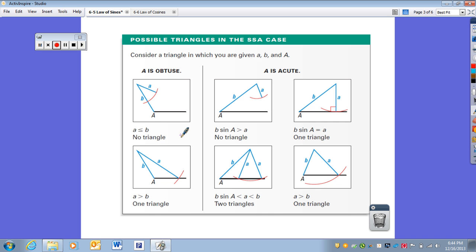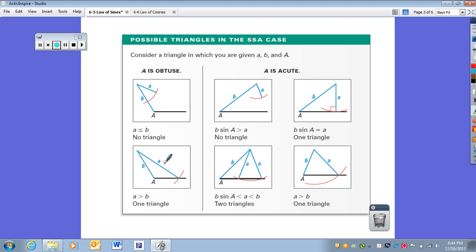If angle A is an obtuse angle, then if the measurement opposite of side A is less than or equal to the other measurement that we're given, that would not be possible and there would not be a triangle.